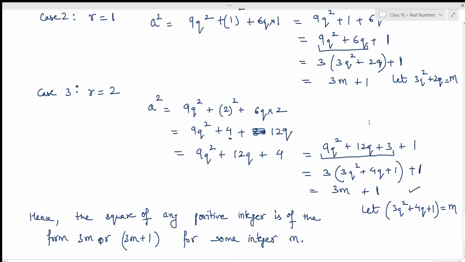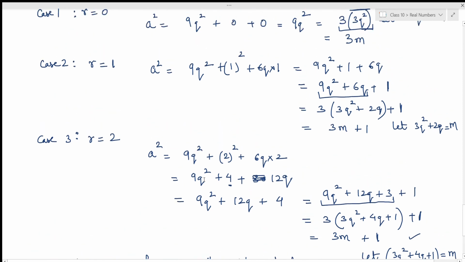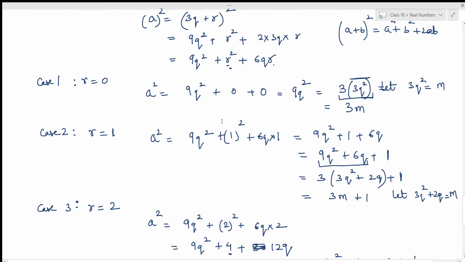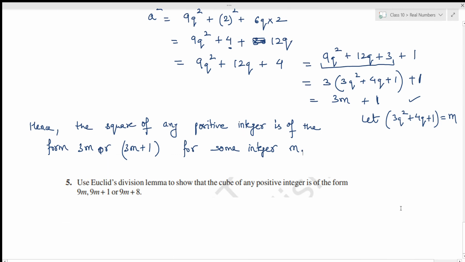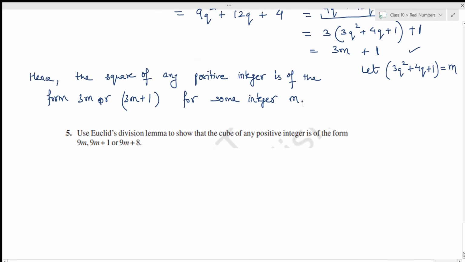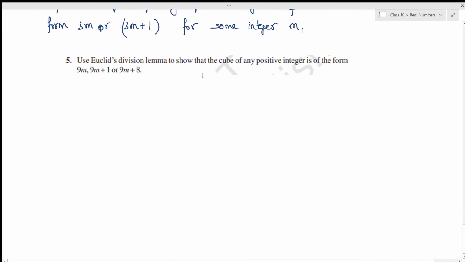I hope this is clear. You need to take things common and just convert everything in that form. Cases are being based on the number of remainders you will have. Let's do the next question.